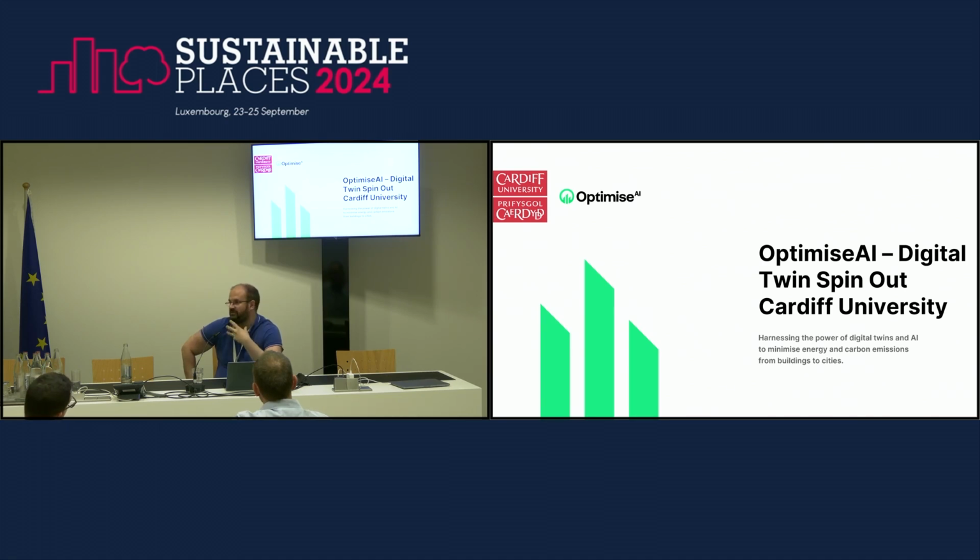What I wanted to discuss today is a bit about what we're doing in the digital twin space, and then perhaps discuss some of the different challenges you find when you're working in the commercial and business sphere. We've been discussing lots of really complex and important issues today, but I'm amazed at how many times I have to spend an hour on a call with another large company working out how they can get a CSV out of their existing system, because they have no idea how it works.